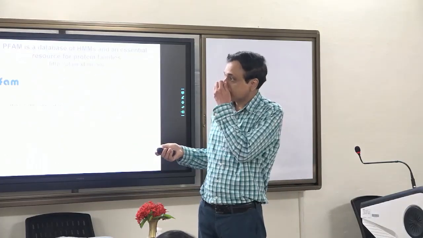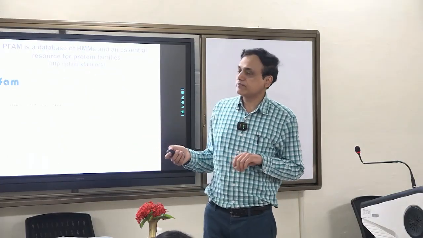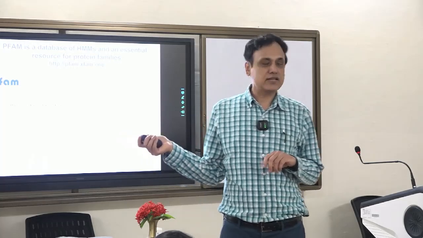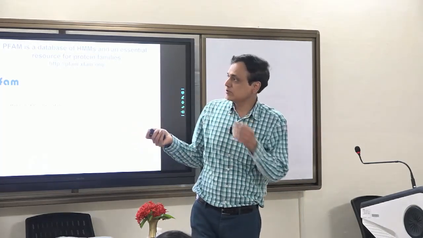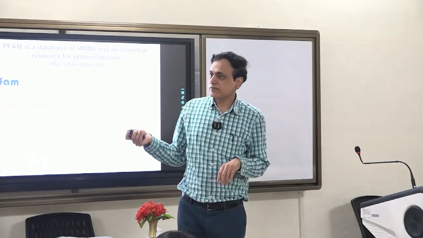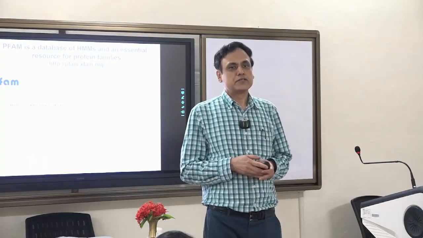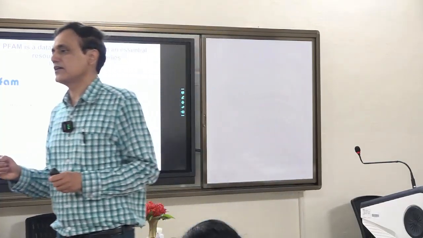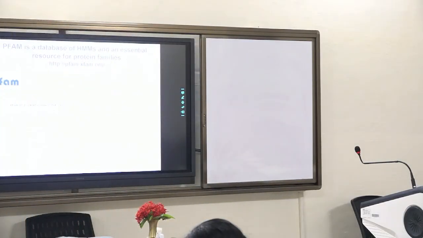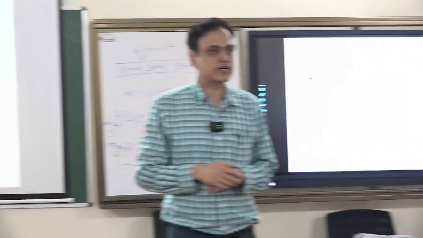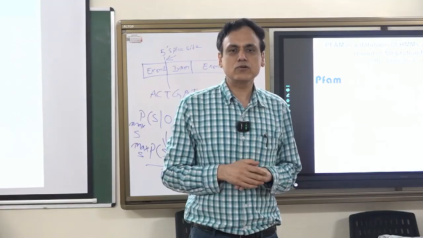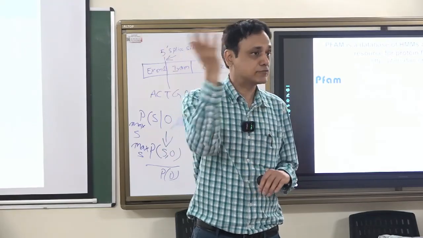Okay. And then you can go to PFAM, and there is a tutorial that either today or tomorrow you will do. PFAM is used to identify a protein family that the sequence of your interest belongs to. Okay, you have got a sequence and you want to know which protein family it belongs to, because that will help determine or infer the function of that sequence that you are interested in, or you want to know which domains are there in the sequence of my interest.